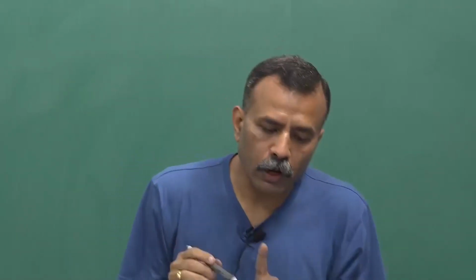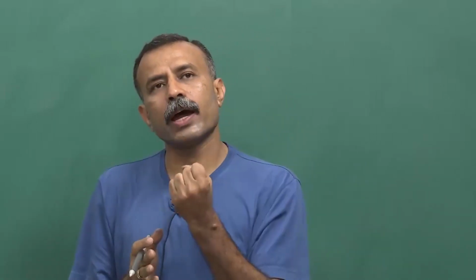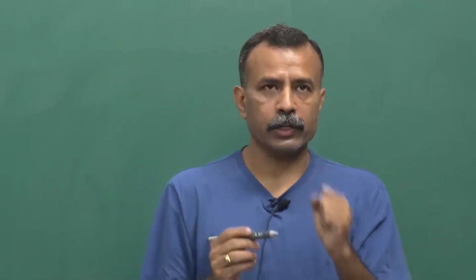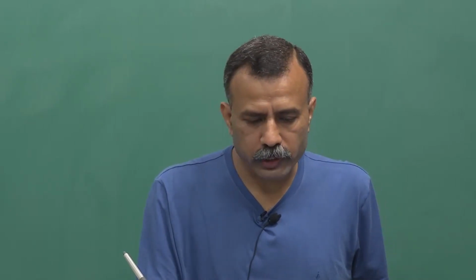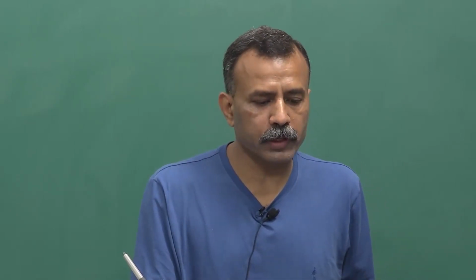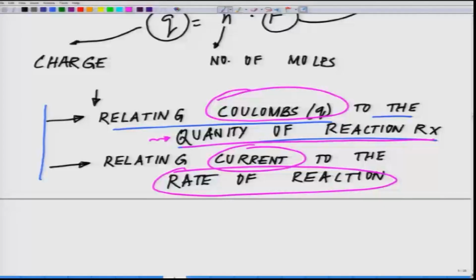Similarly, when you talk about the amount of reaction which is taking place, you can quantify it in terms of the charges. And just to close in a statement, because we will be doing a bunch of problems in the next class to start off with, whenever we talk about chemical reactions, all chemical reactions are governed by transfer of electron from one species to another. I have already talked to you about it.